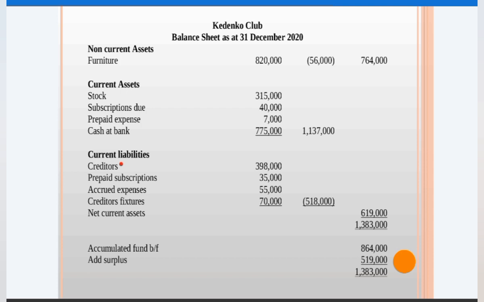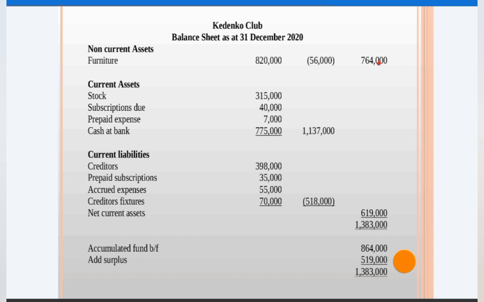Then we have the current liabilities. We have the creditors 328,000. We have the prepaid subscriptions of 35,000, the accrued balances of 55,000, and the creditors of 70,000, so a total of 518,000. The difference between the 1,127,000 and 518,000 should be our net current assets of 609,000.